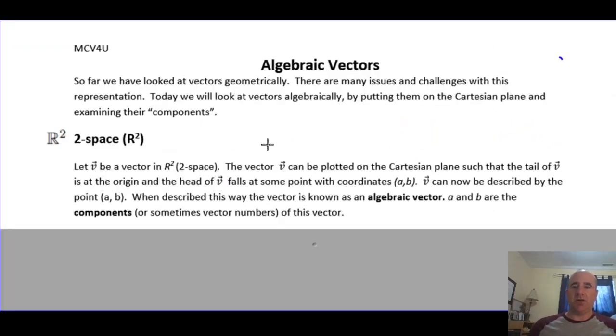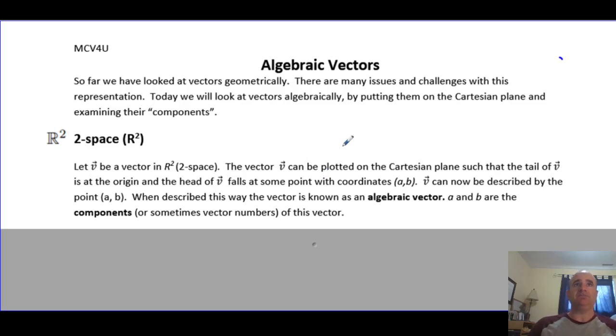So just to summarize, if V is a vector in R2, or two-space, the vector V can be plotted on the Cartesian plane such that the tail of V is at the origin and the head of V falls at some point with coordinates (a, b). V can now be described by the point (a, b). When described this way, the vector is known as an algebraic vector. A and B are called the components, or sometimes the vector numbers, of this vector.